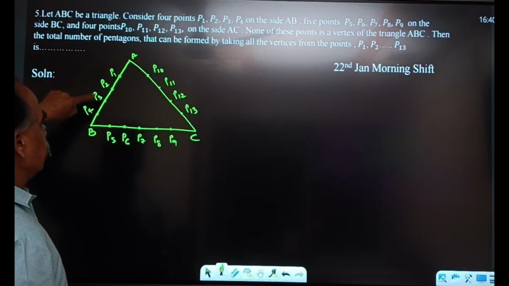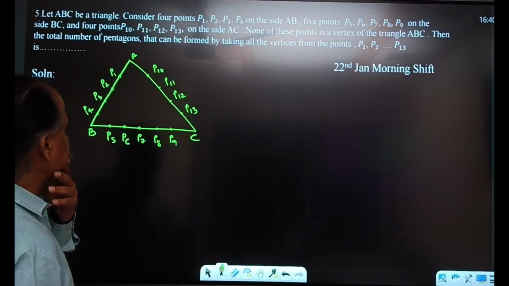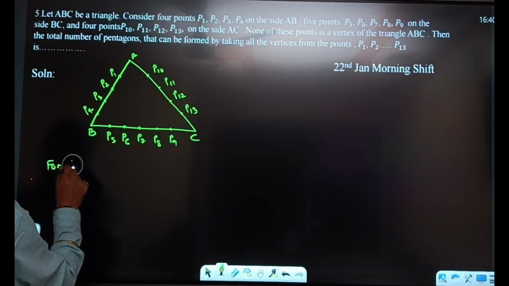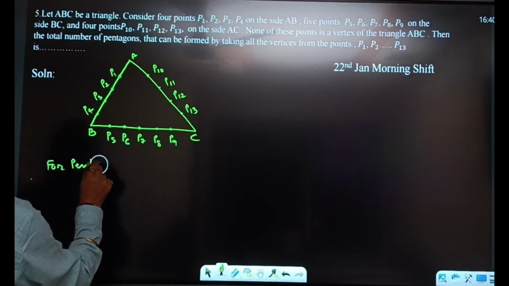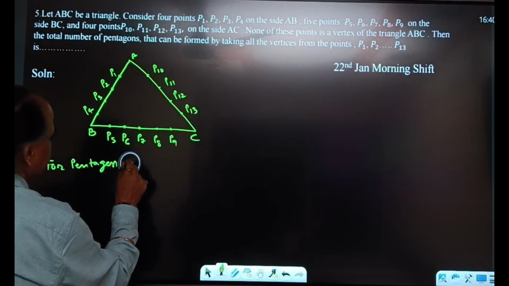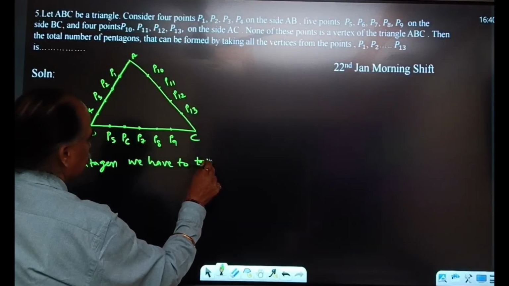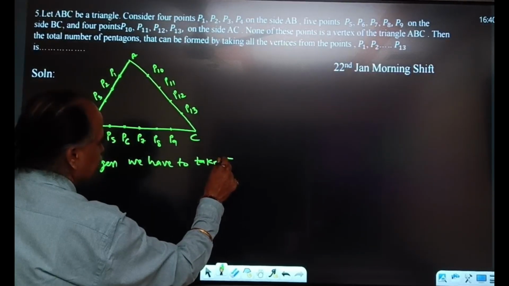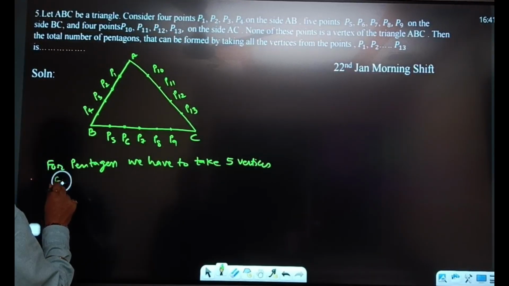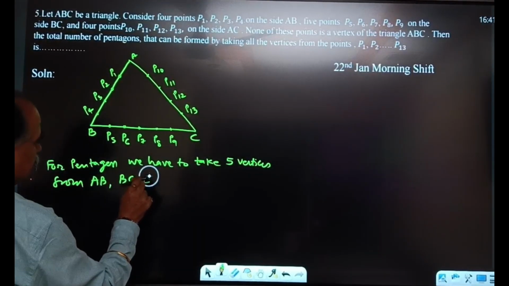For a pentagon, we have to take 5 vertices from AB, BC, and AC.